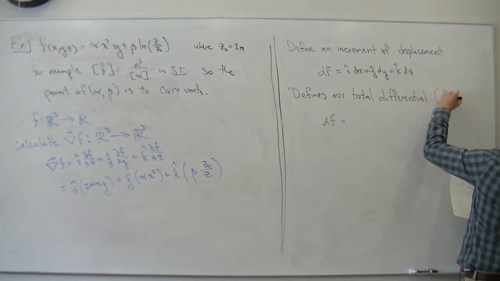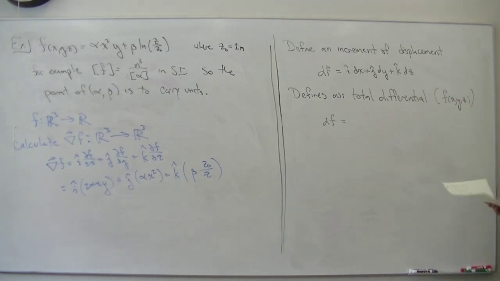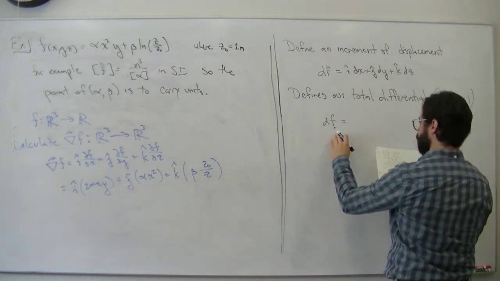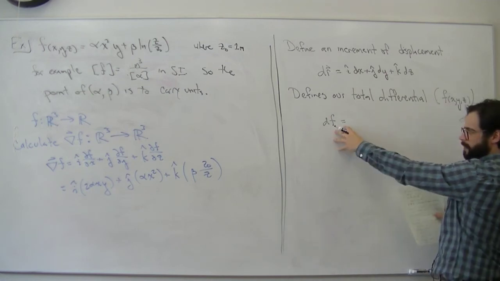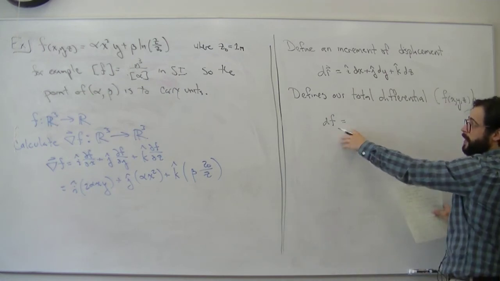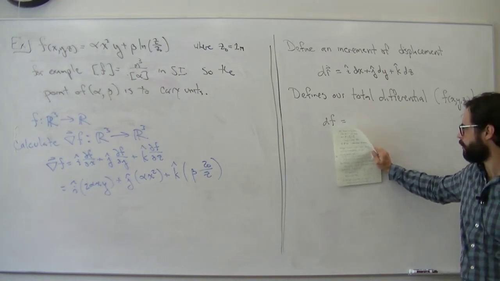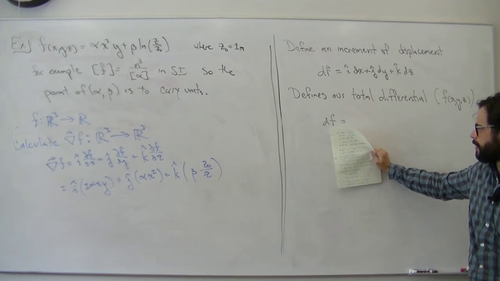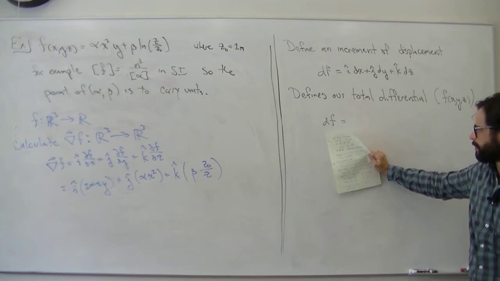And again, we're thinking about f of x, y, and z, a scalar function of 3 coordinates. So total differential, which is basically how much f itself moves. In 1D, this is a well-defined question without any additional information. So you do a little bit of dx, df changes, right?